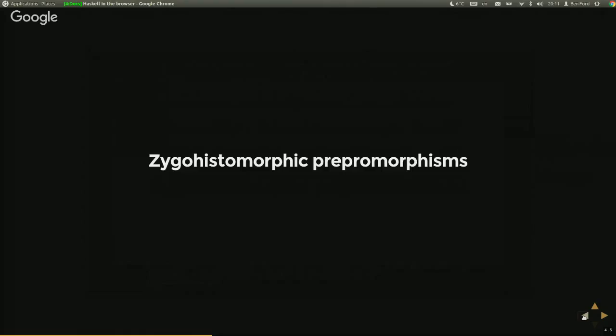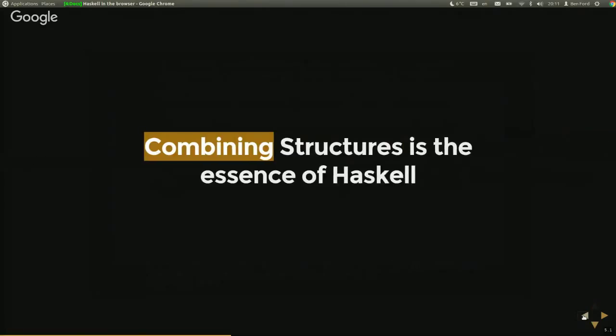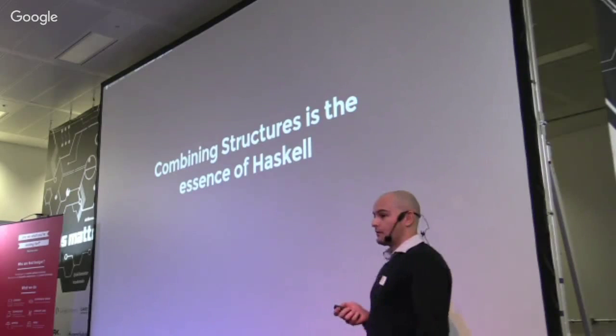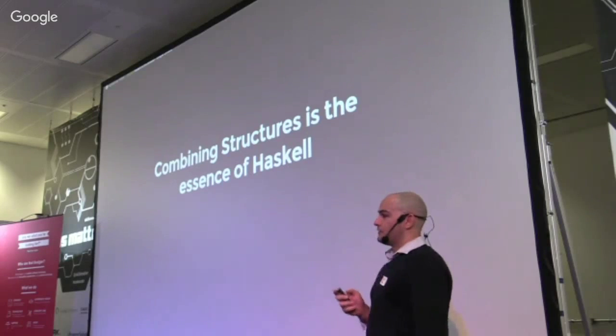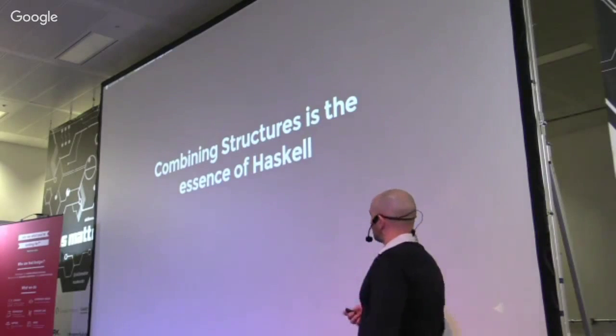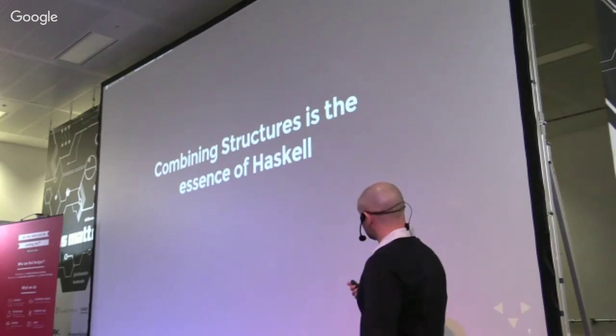But they are the essence of Haskell, because the essence of Haskell is combining things together, and somewhat relatedly splitting things apart, but I'm going to focus on the one because we've got 30 minutes.